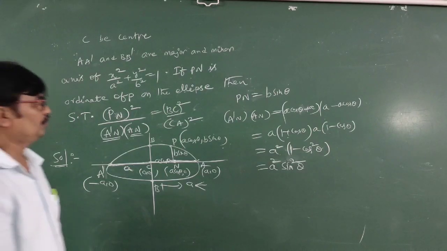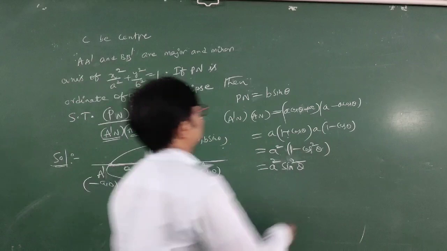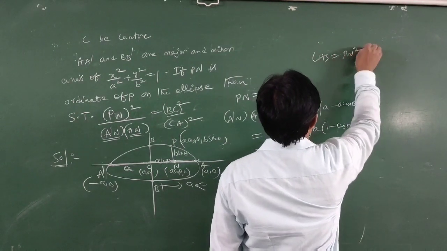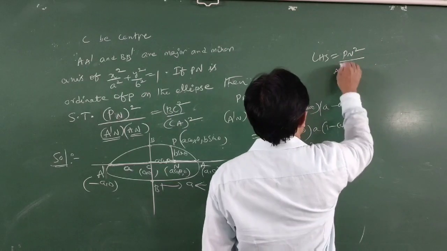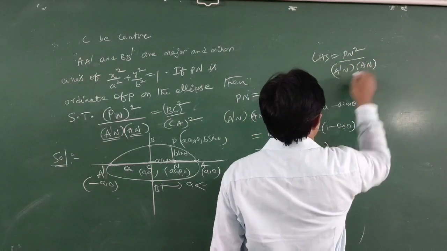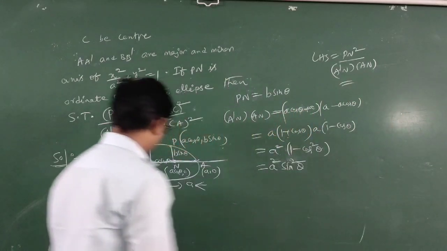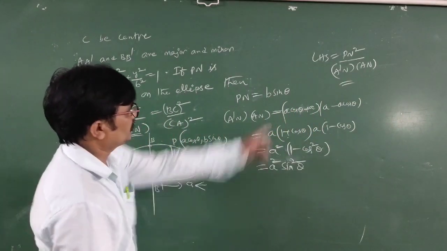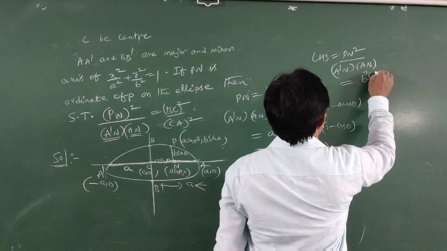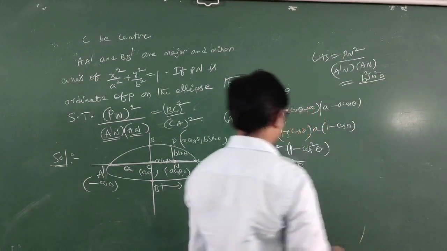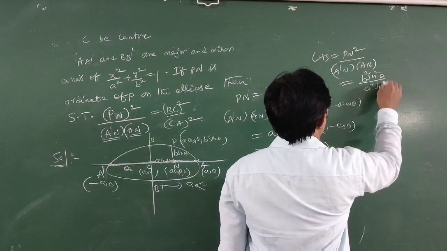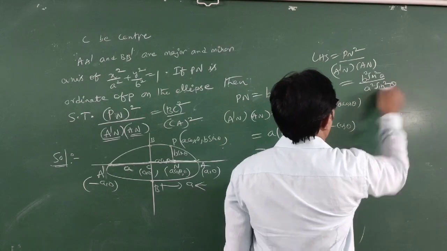So now students, how can you write this? The left hand side is Pn square upon A dash n into An. What is Pn square? Pn square is B square sin square theta, and the denominator is A square sin square theta.